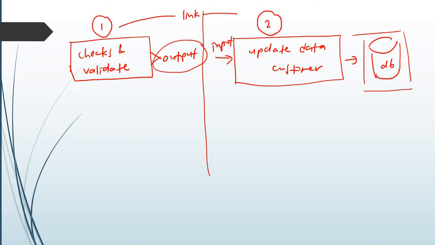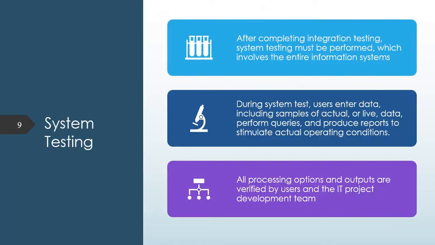Please remember, you are not allowed to do the integration testing before you have conducted the unit testing successfully. And the third kind of testing, we have the system testing. After completing the integration testing, system testing must be performed, which involves the entire information system.